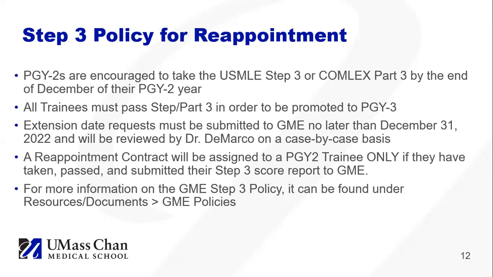Mostly because, heaven forbid they don't pass, then they have to reschedule. That could take a couple of months. It takes a couple of months to get your score back as well sometimes. So with the timing and everything, we really strongly recommend that by the end of December of their PGY2 year, they have taken and passed their step 3. And that's USMLE or COMLEX.